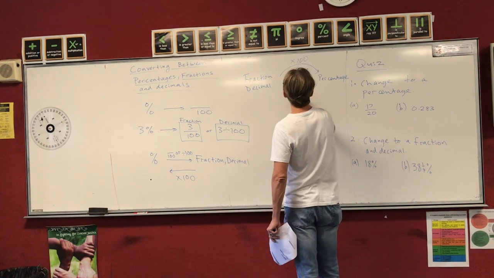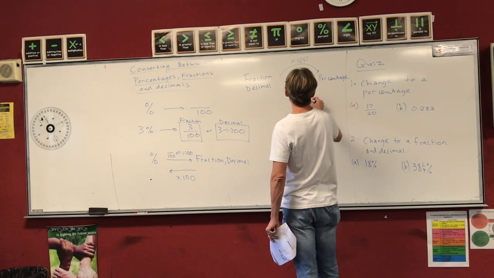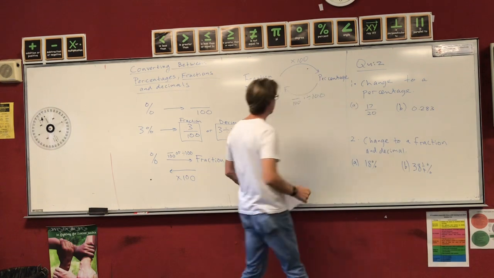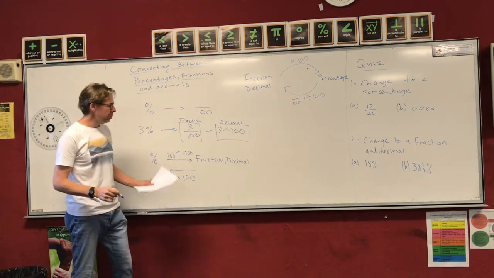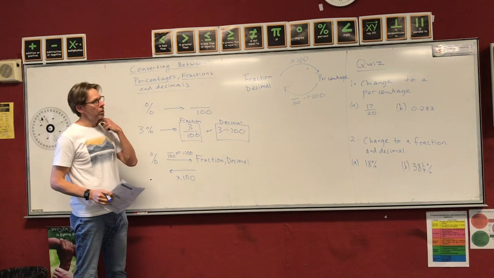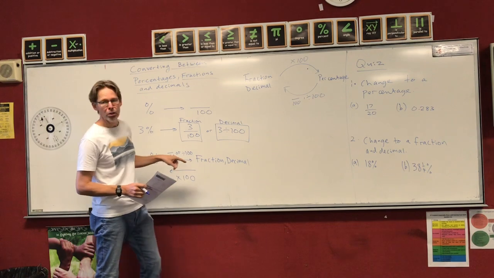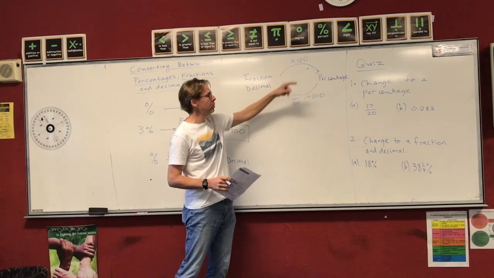And to go back the other way is over 100 or divide by 100. Now, both these diagrams will do the same thing for you, just follow the arrows. I tend to use this one more often, but it's up to you, I don't mind which one you use. But just follow the arrows, that will tell you what to do.